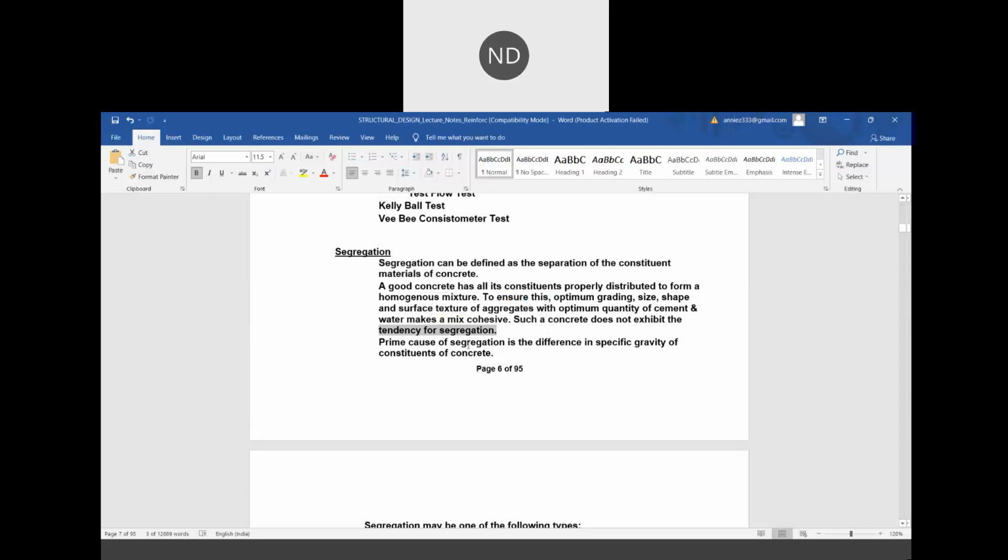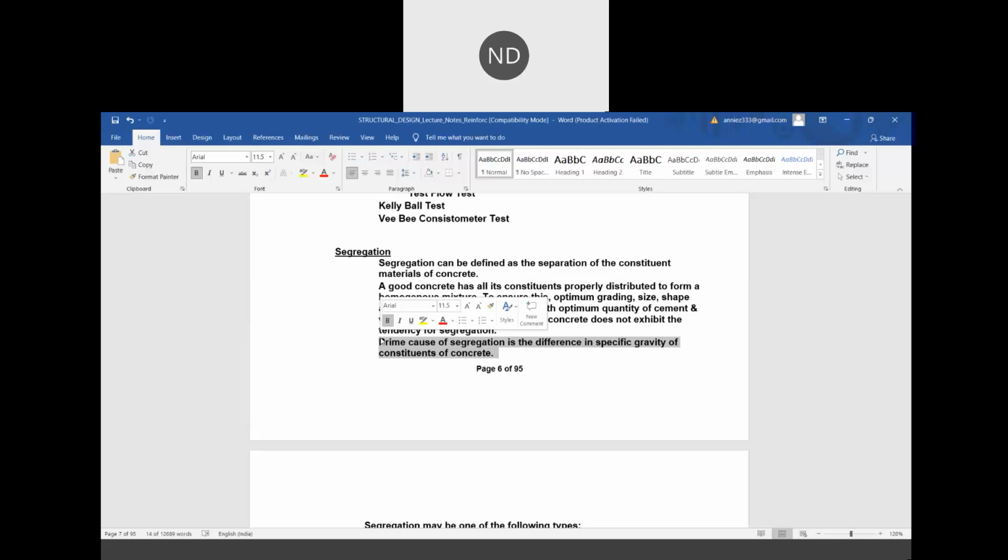Now what is the main cause of your segregation? Sometimes you may have seen it in your house, or at some site. Suppose there is a wall, or a pillar or column. Sometimes you will see some part of that column or wall comes out.